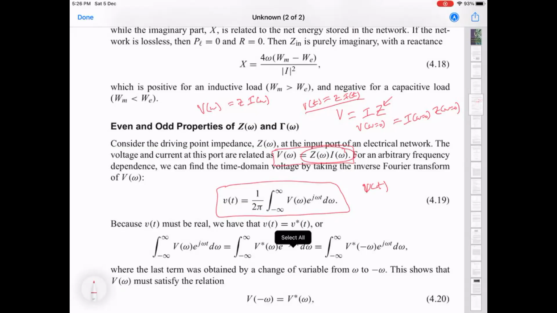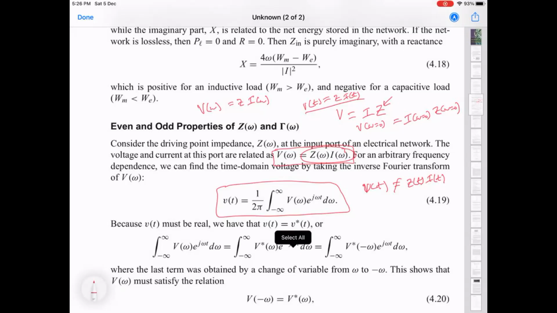You have Fourier transforms involved, and V is a product of the Fourier transforms of two quantities. So that means V of t is not equal to some Z of t times I of t. Anyway, Z of t really has no meaning, but in the context of an inverse transform of Z of omega, one can define a quantity like that. But then this, of course, is going to be related to convolutions and things like that.